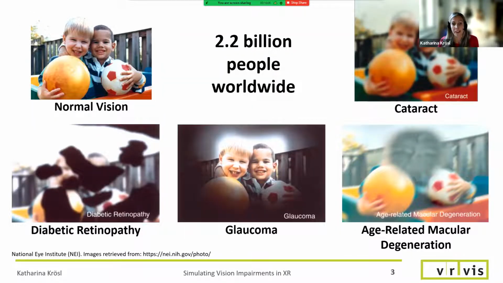According to the World Health Organization, vision impairments affect at least 2.2 billion people worldwide. This number is expected to increase due to different factors such as aging of the population, because many eye conditions show a higher prevalence with age.